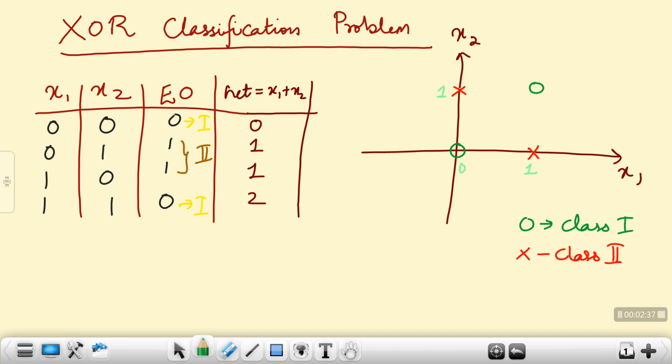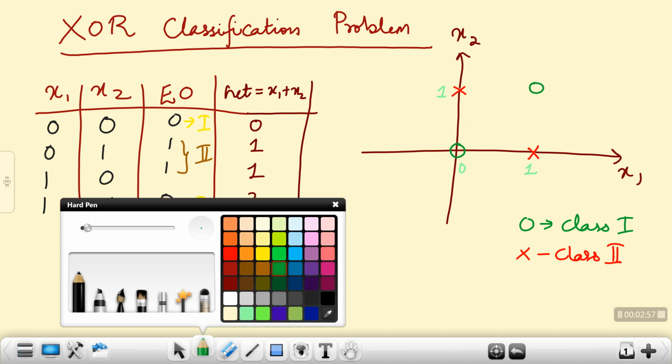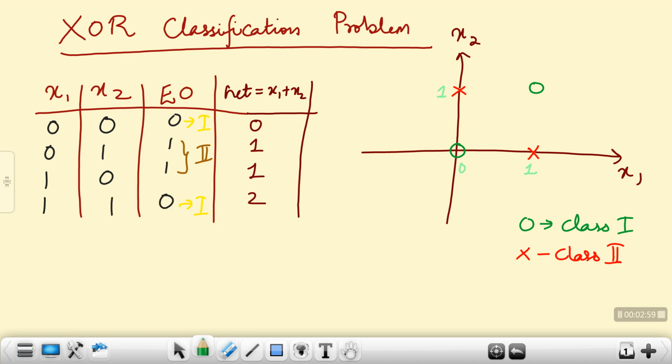Now from the previous discussion, we already know that a single neuron corresponds to a line. And it is not possible to have one line separating these two classes.